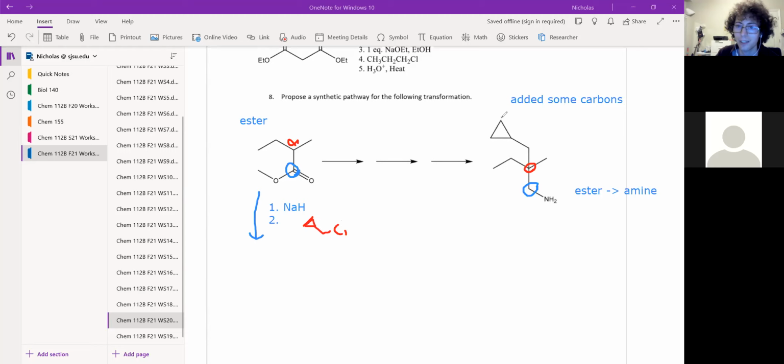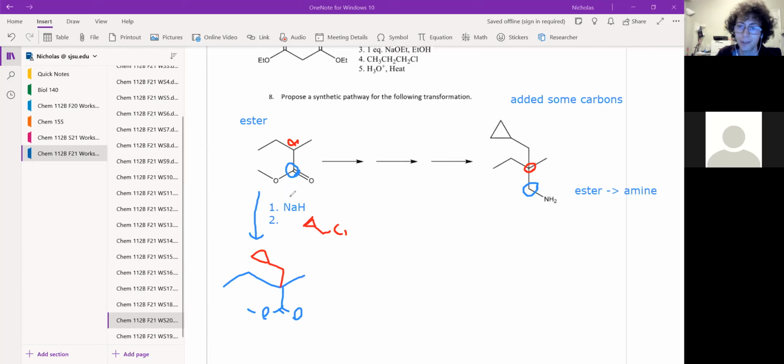Here, we're trying to add that cyclopropyl and another carbon. So this is what it should look like. That's what we're adding. And then, so we've added the alkyl group.